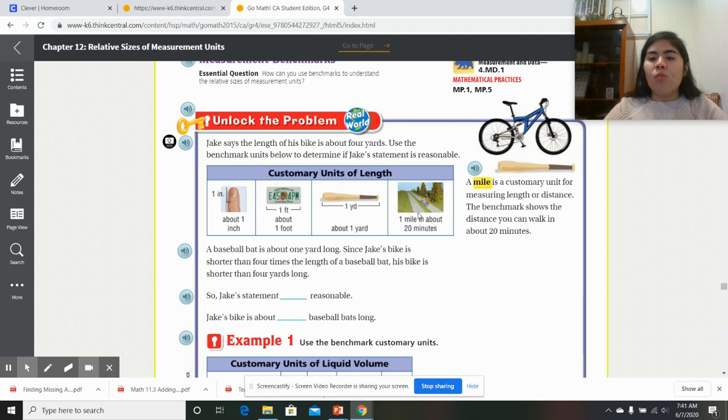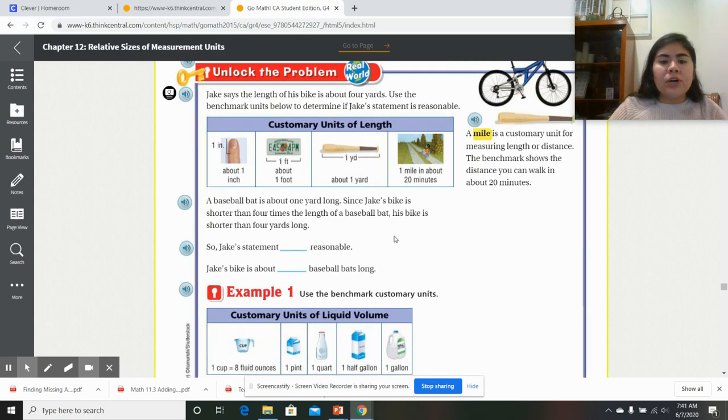And we have 1 mile. So they're measuring a mile in the amount of time that it would take to travel, so 20 minutes. So that's usually how we measure length and distance, how far something is. How many miles do you live from the school? Oh, I live about 3 miles from the school.